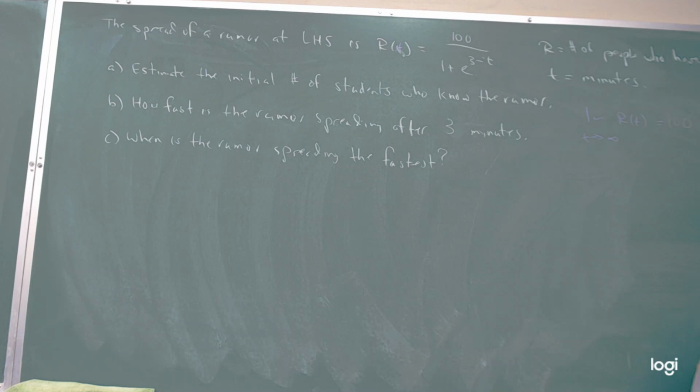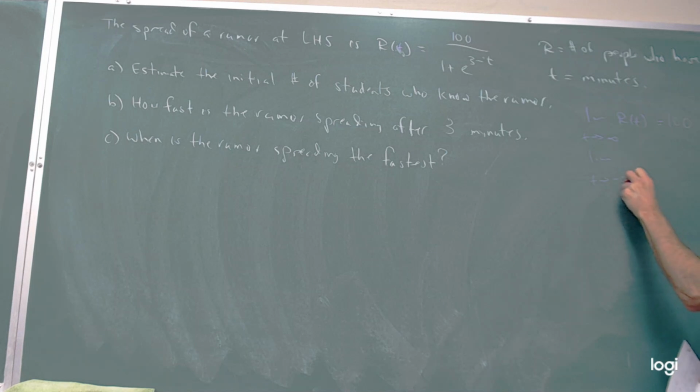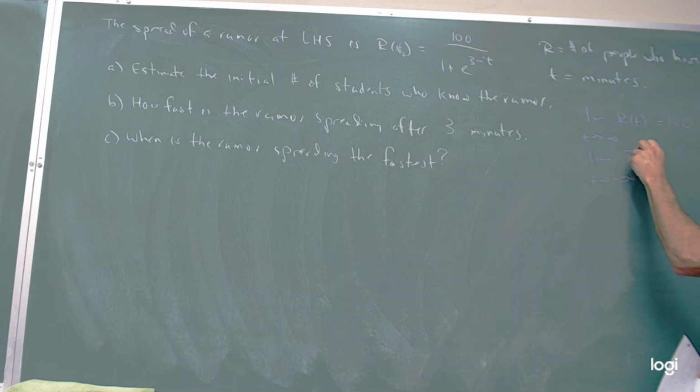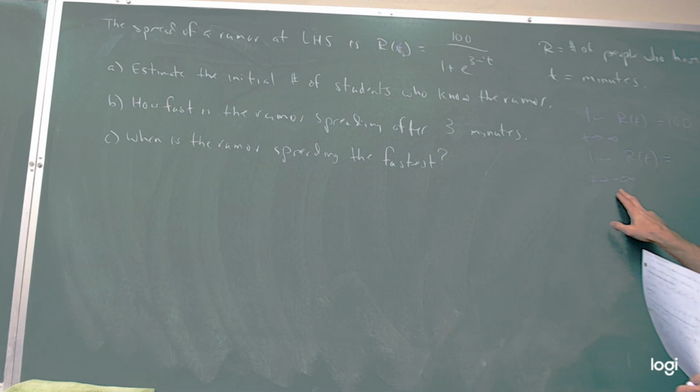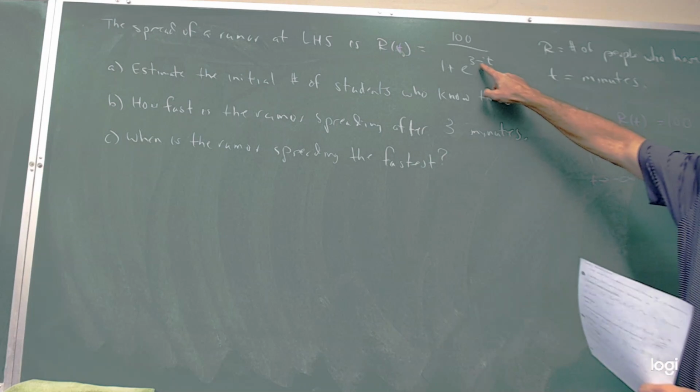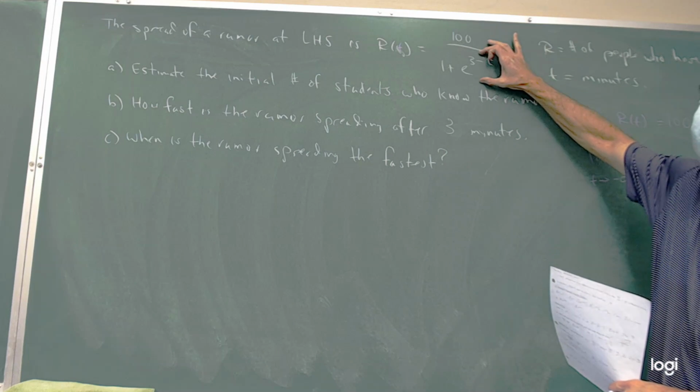And the limit as t goes to negative infinity, it's kind of hard to run back time, but what does that approach? Zero, because now the exponent becomes positive and gets huge.